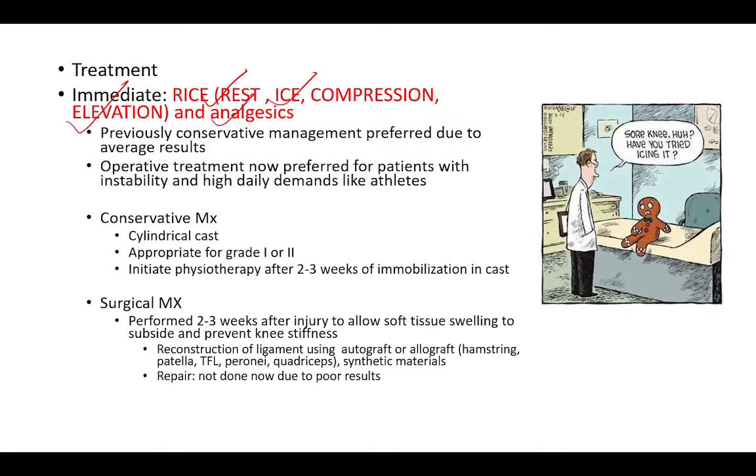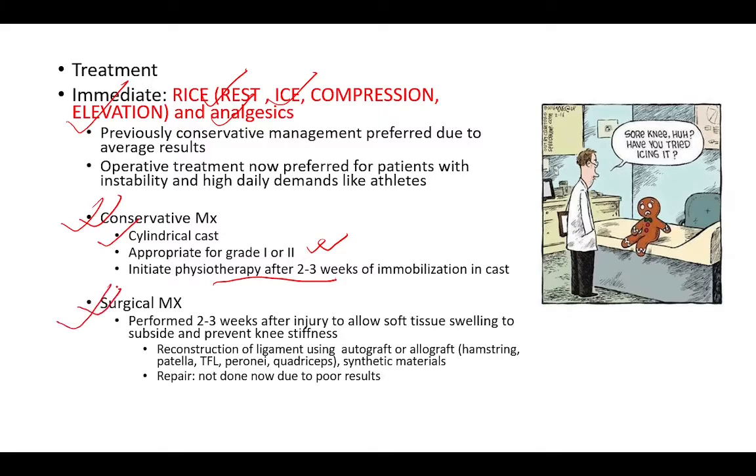But these days, with improved surgical techniques and instruments, surgical intervention and reconstruction are often used for patients with a lot of instability and high demands, for example, athletes. For conservative management, a cylindrical cast may be applied, which is appropriate for a grade 1 or grade 2 tear, and physiotherapy can be initiated 2 to 3 weeks after immobilization in a cast.